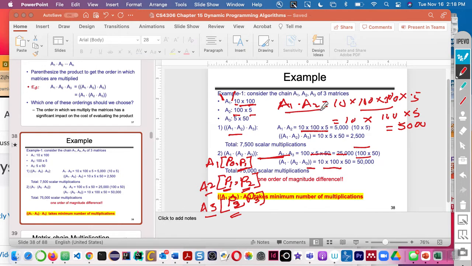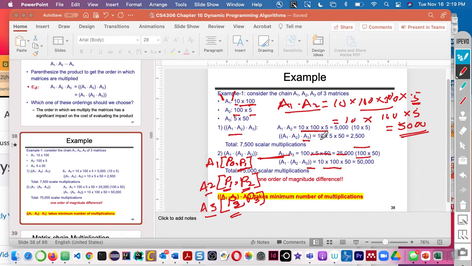And then when this matrix is multiplied with A3, what is the dimension of this matrix? The dimension will be 10 by 5, 10 rows and 5 columns, right?